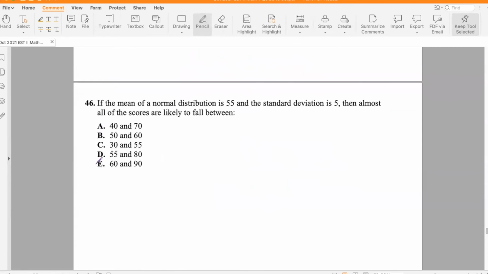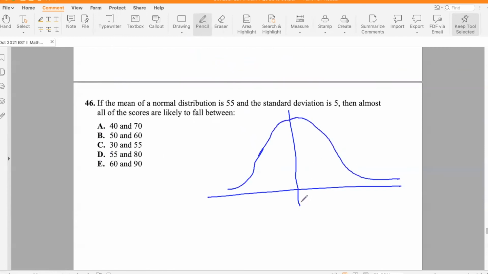If the mean of a normal distribution is 55 and the standard deviation is 5, then almost all of the scores are likely to fall between. Okay. So let's say this is my normal distribution and the mean is 55, standard deviation is 5. So for one standard deviation, which means 60 and 50, that would cover 68% of the scores.